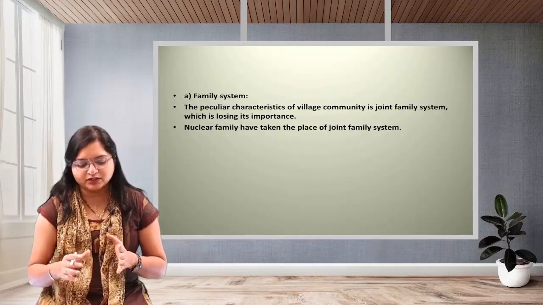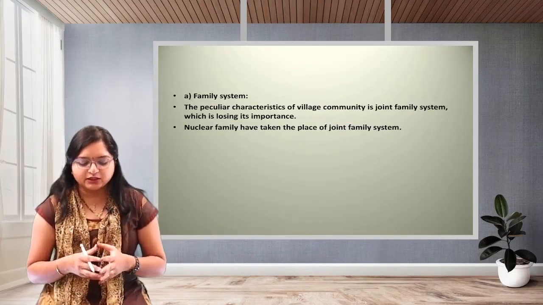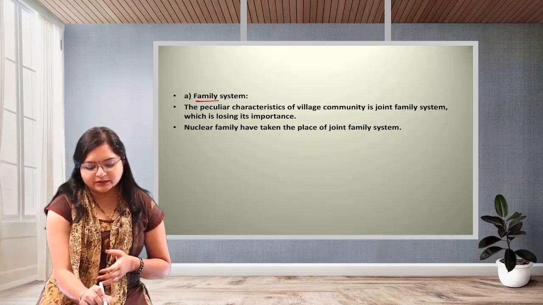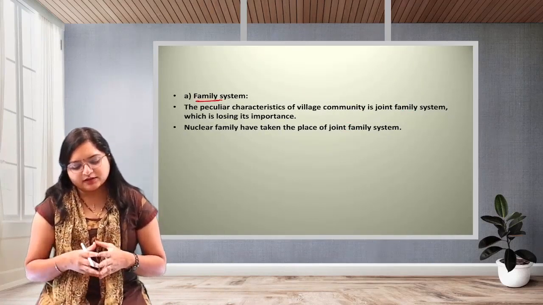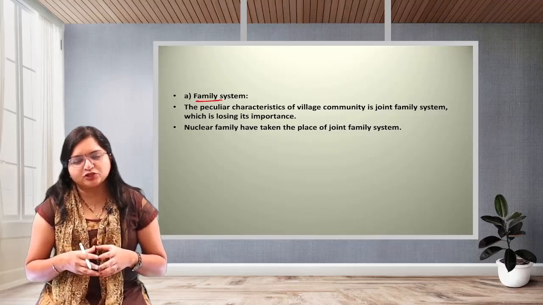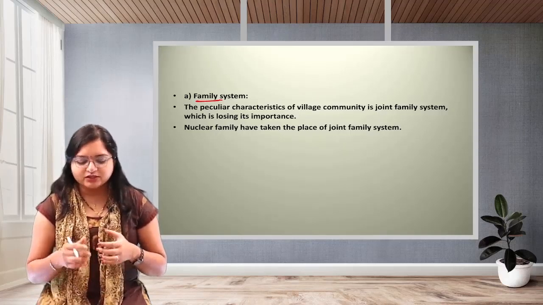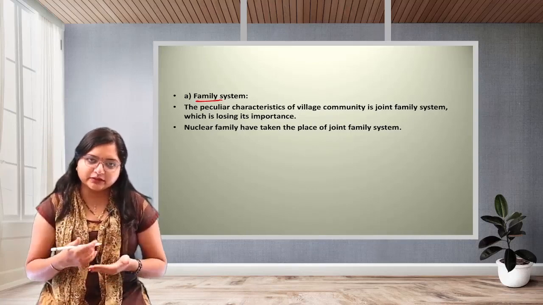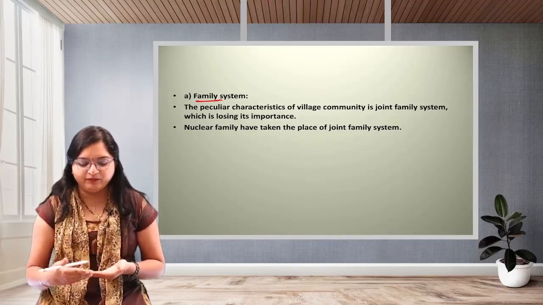The first change seen in the rural or village community is the family system. The peculiar characteristic of village community is the joint family system, which is losing its importance. Nowadays the family system is changing.